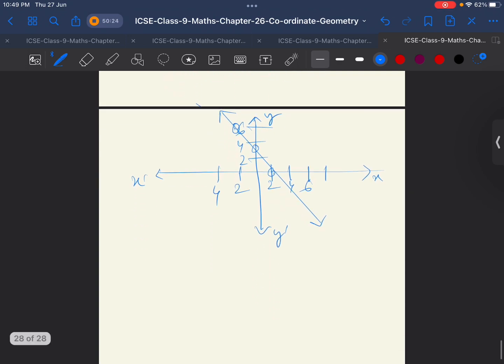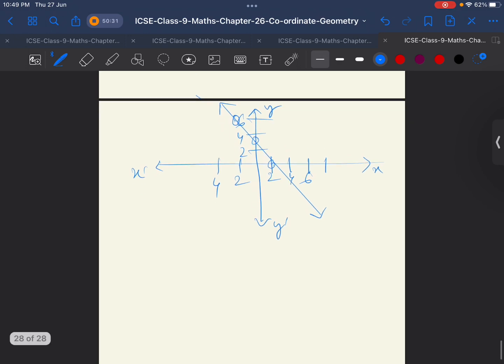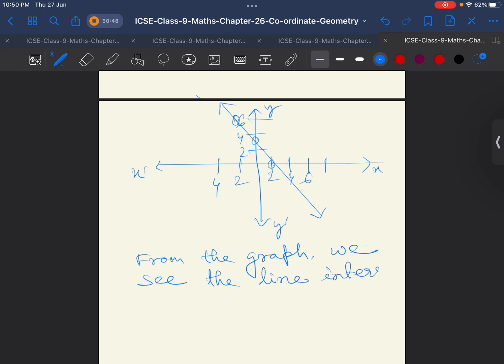And now from the graph we see the line intersects the x-axis at (2, 0) and the y-axis at (0, 3).